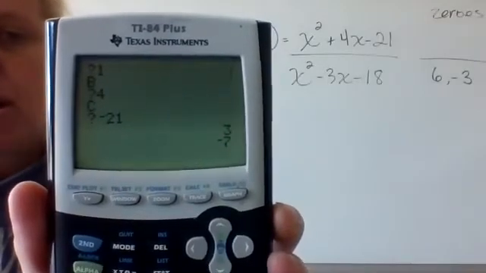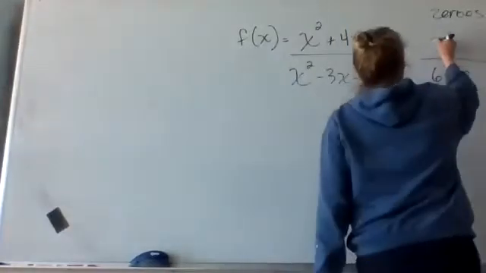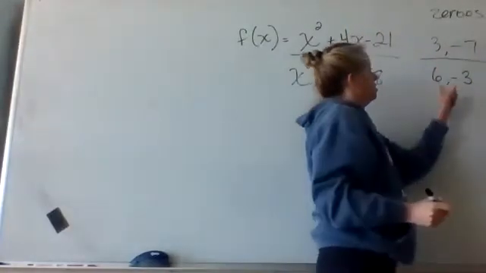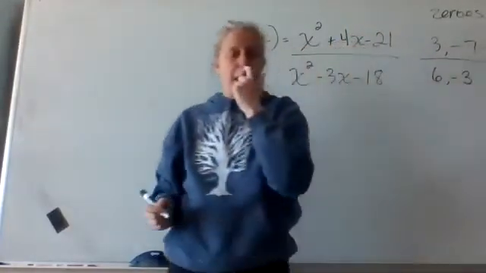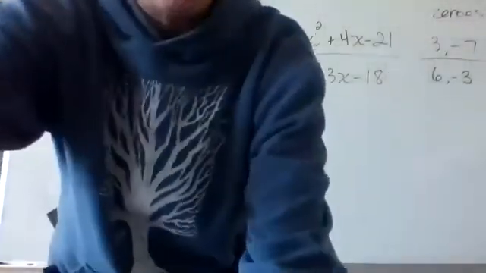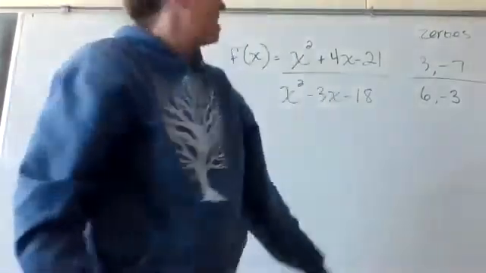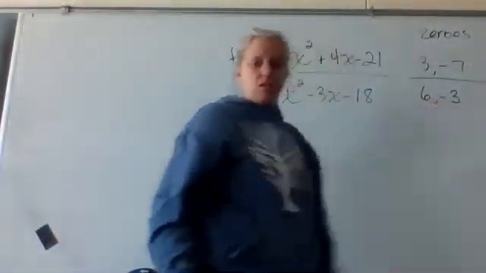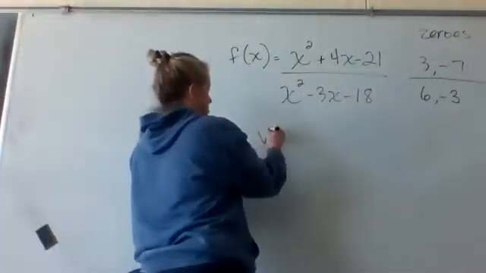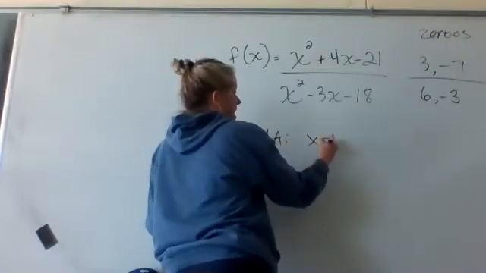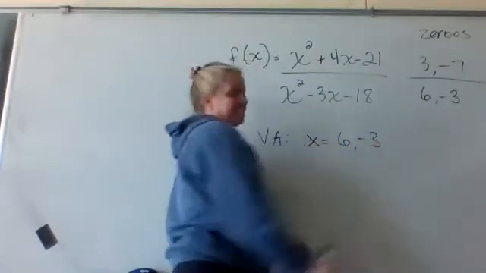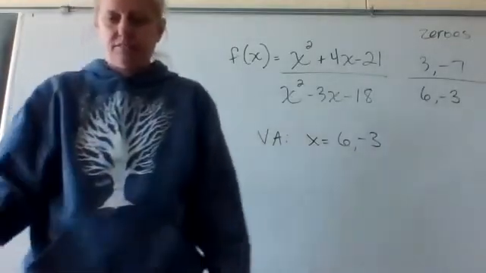So there are its zeros, 3 and -7. So there are no zeros that are the same in the top and the bottom, which means these are both vertical asymptotes at x equals 6 and -3.